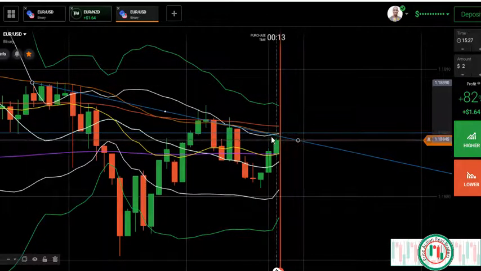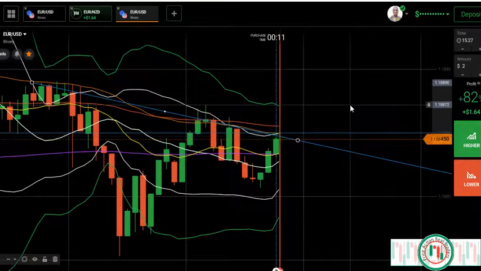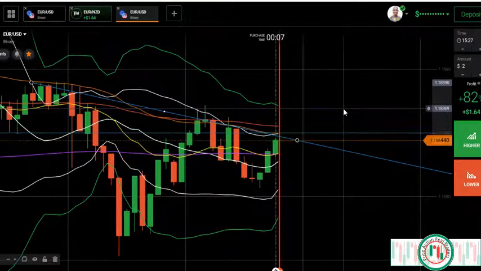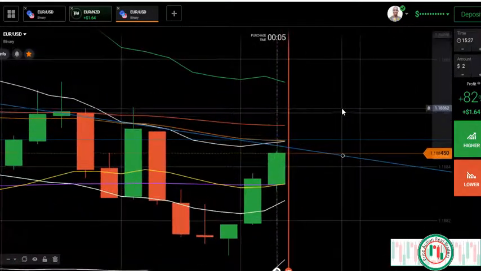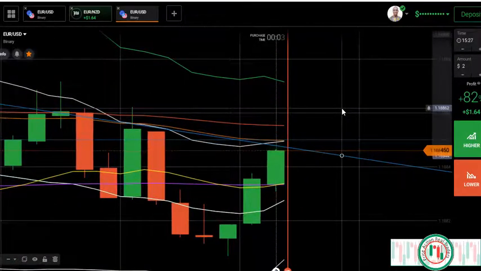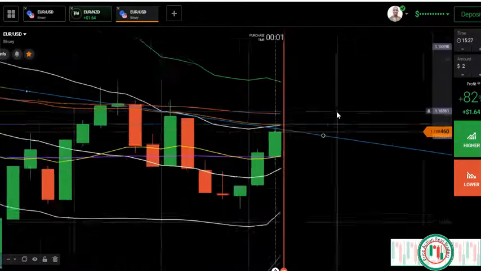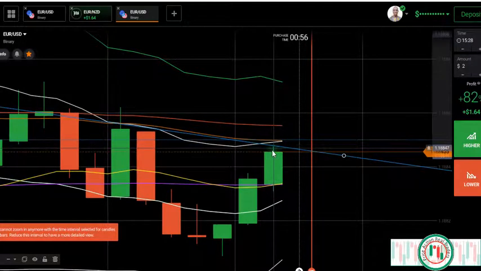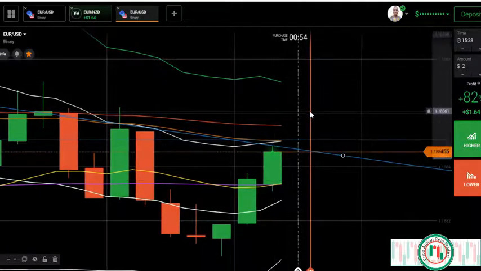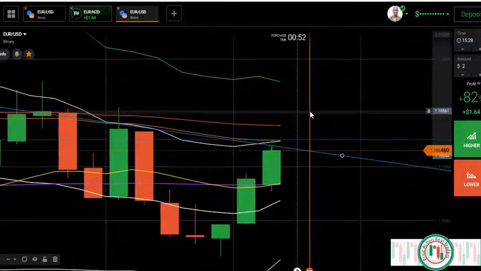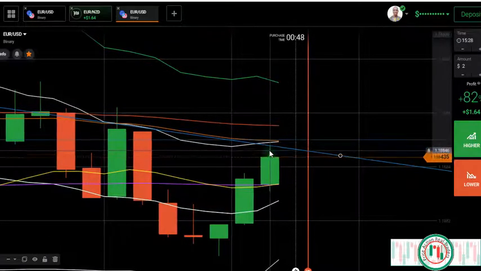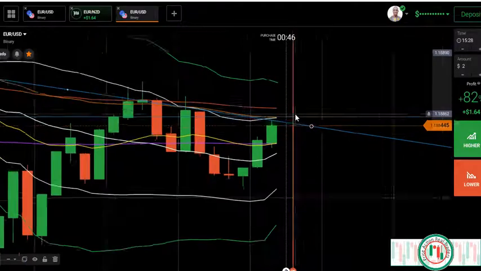So market is trying to reach this level. Oh, you see, market is touching exactly the trend line and rejects. Which means after this candle, sellers may enter.